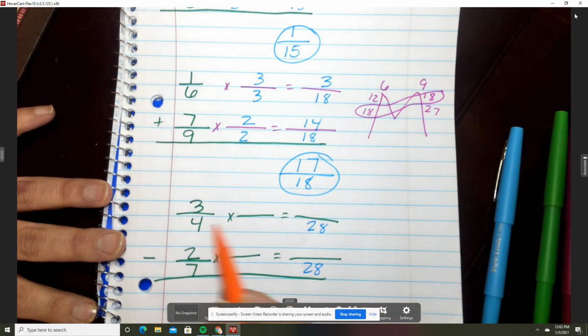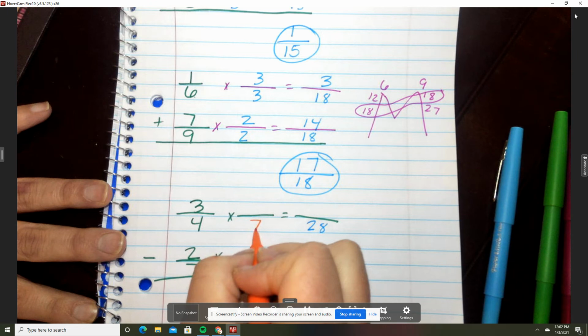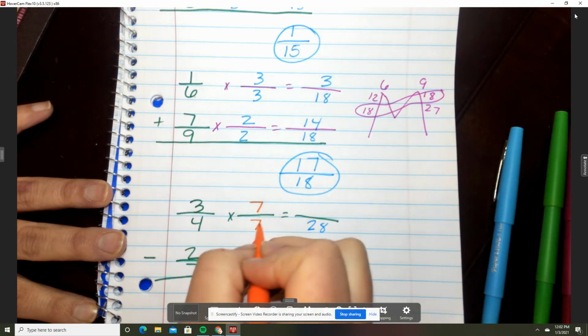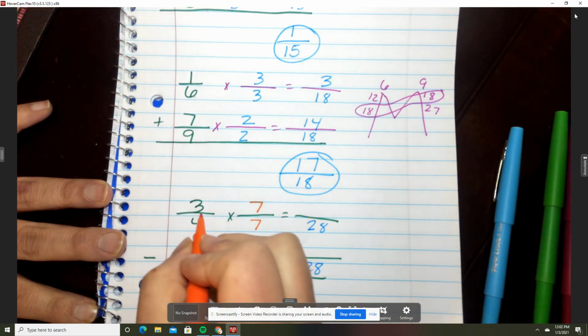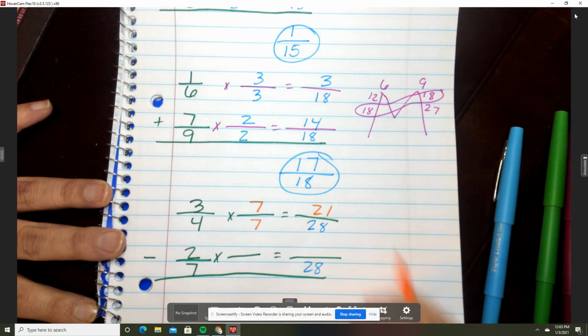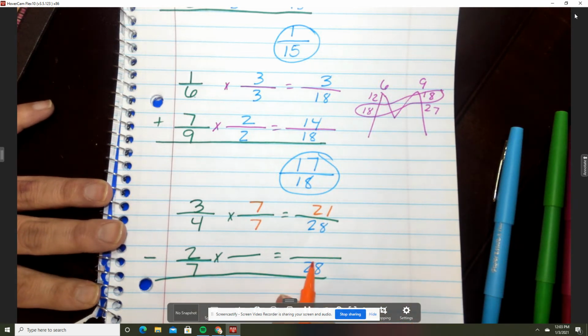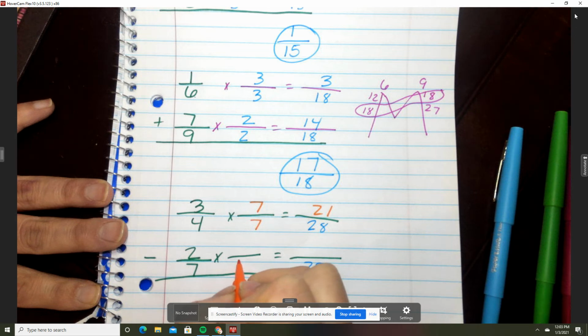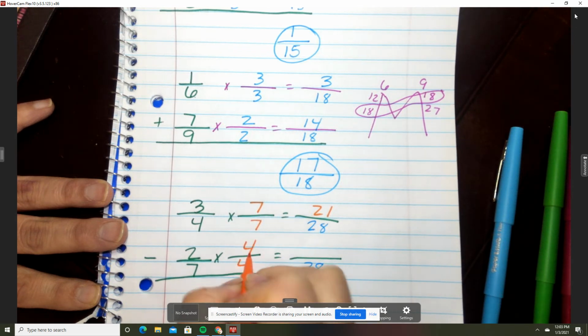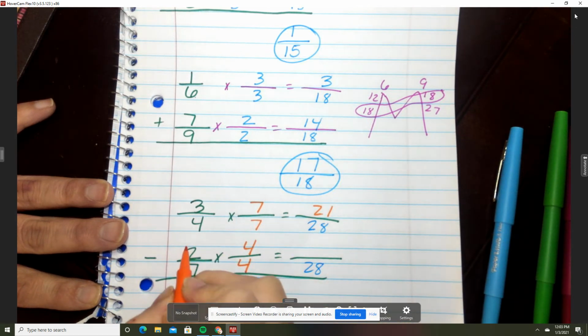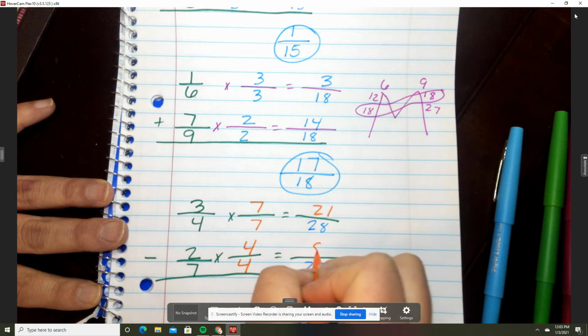Now, what did I do to 4 to get to 28? Well, I multiplied by 7. What you do to the bottom, you have to do to the top. 3 times 7 is 21. What did I do to 7 to get to 28? You multiplied by 4. And what you do to the bottom, you have to do to the top. 2 times 4 is 8.